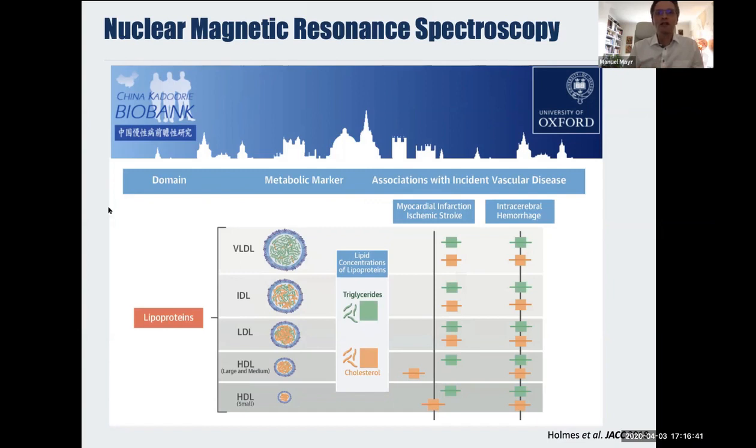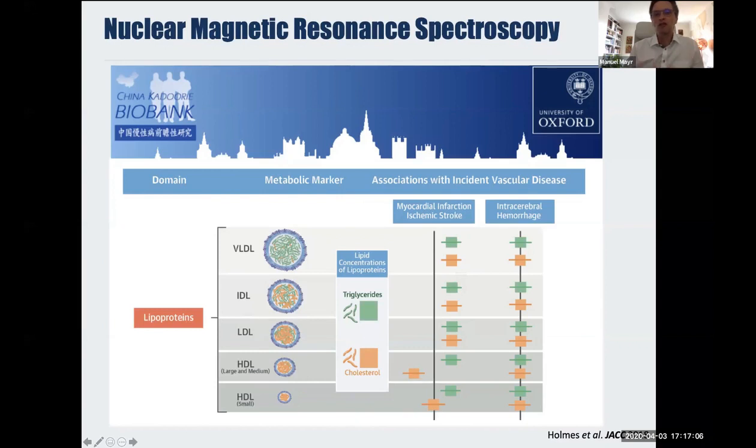Again, cardiovascular risk, and in this case, they looked at the incidence of myocardial infarction and ischemic stroke, was not only limited to LDL, it extended to all the ApoB 100 containing lipoproteins such as VLDL and IDL. On the other hand, HDL cholesterol, as expected, was inversely associated with the risk of myocardial infarction and stroke.